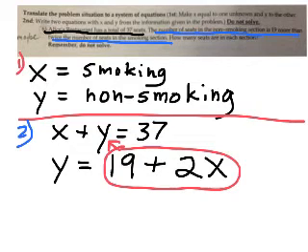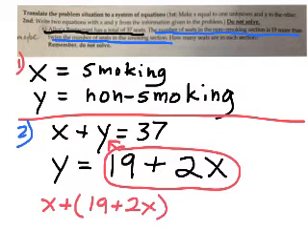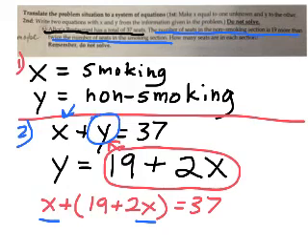Then we'd have x plus 19 plus 2x equals 37. Notice we just have one variable, the x. We can solve for x, and after we have our x, we stick it in here and find our y. But I'm not going to do that now.